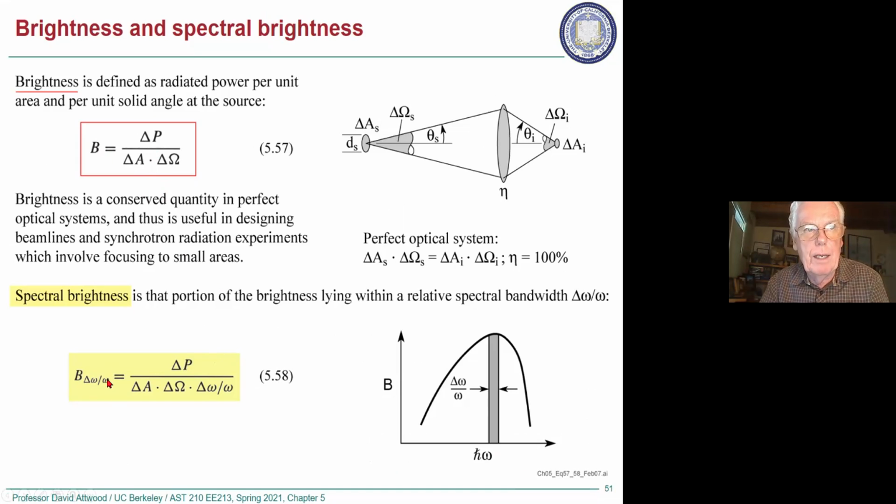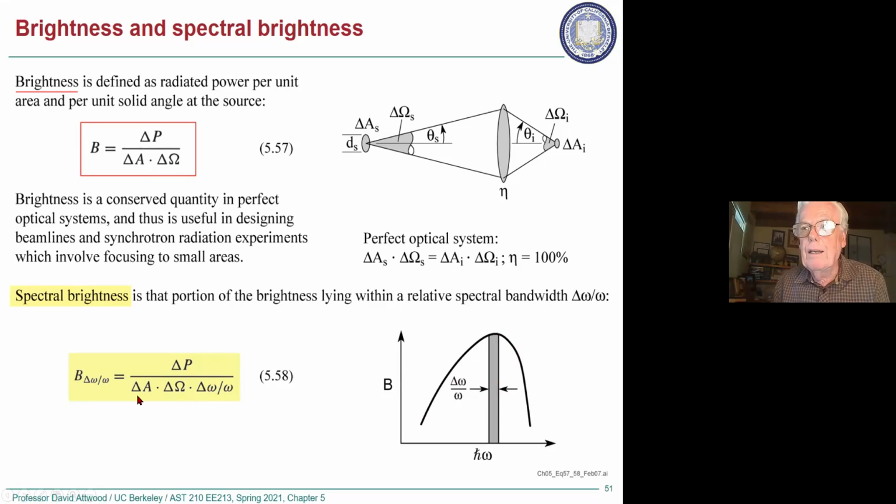It's the same thing, but within some spectral bandwidth. So of all the photons radiated in a certain area and solid angle, what part of those photons are within a given spectral bandwidth? There may be a lot of power radiated, but we're only interested in the part within this narrow band, okay? And we call that spectral brightness.